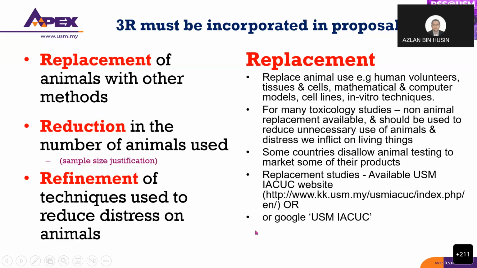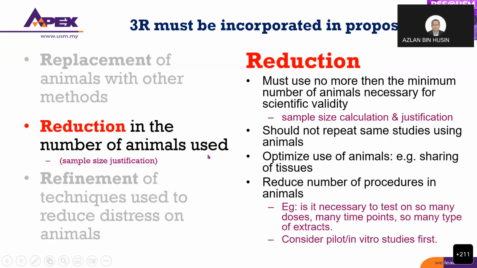Next is reduction. We need to reduce as much as possible to the minimum number of animals necessary. If you can demonstrate that with 10 mice, for example, why do you ask for 20? And again, you should not repeat the same study that has been done in the same animal. You really have to justify the number and why you have to repeat, if it's necessary.